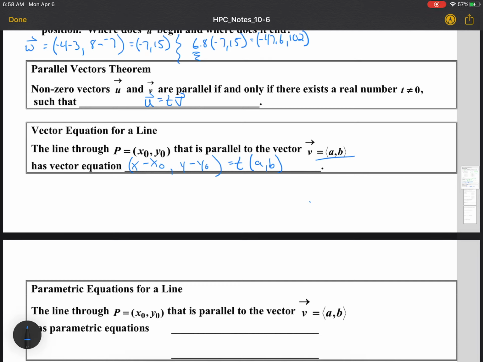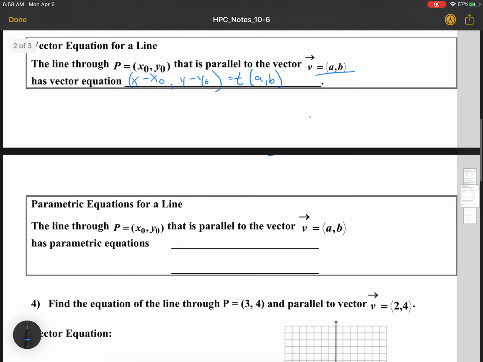Now let's go down to parametric equations of a line. What I'm going to show you is how we get from the vector equation to the parametric equation, but first I want to write the parametric equation. Again, we're talking about a parametric equation for a line through point P that's parallel to vector v.